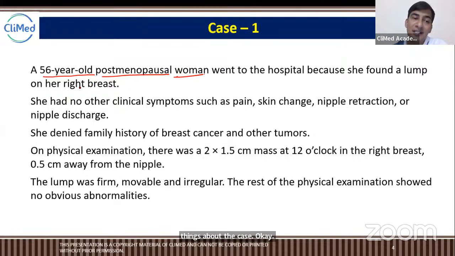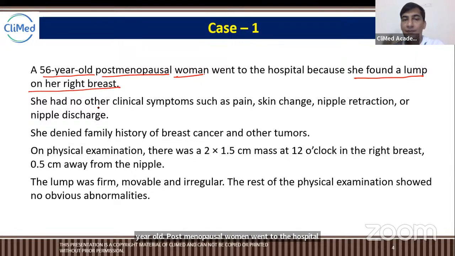So the case is a 56-year-old post-menopausal woman who went to the hospital because she found a lump in her right breast. What do you think this case will be about, guys? With the first line only, what do you think this case is about?